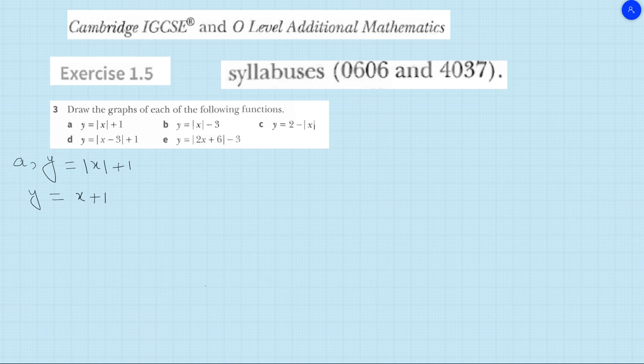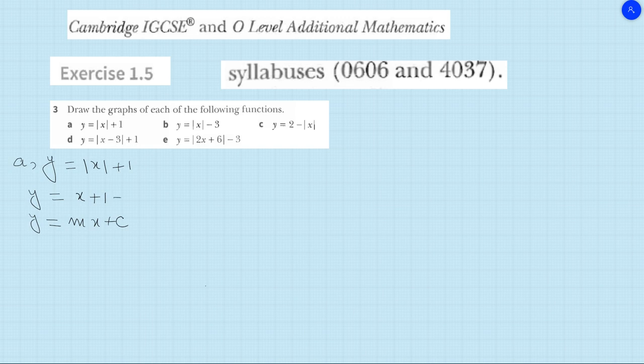First, we have to find the y-intercept. How to find the y-intercept? We just compare the given equation with the standard form of the straight line equation, which is y is equals to mx plus c, where c is the y-intercept.